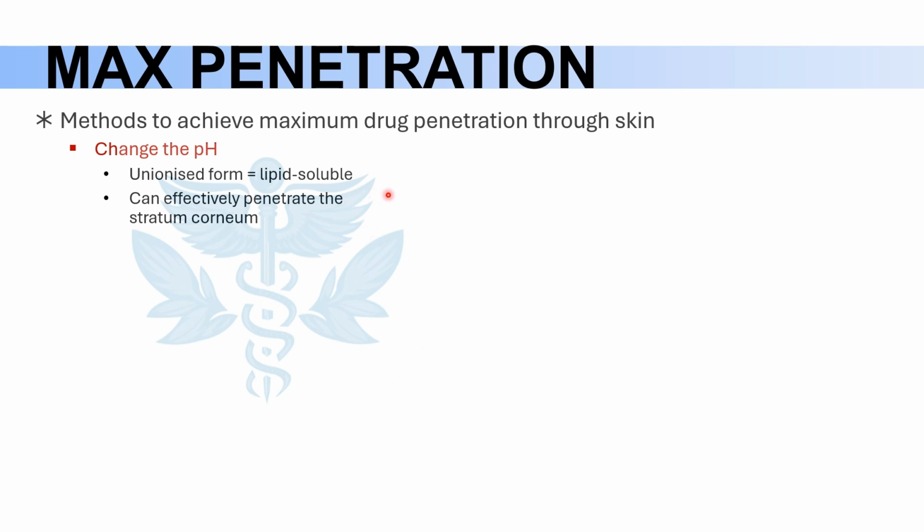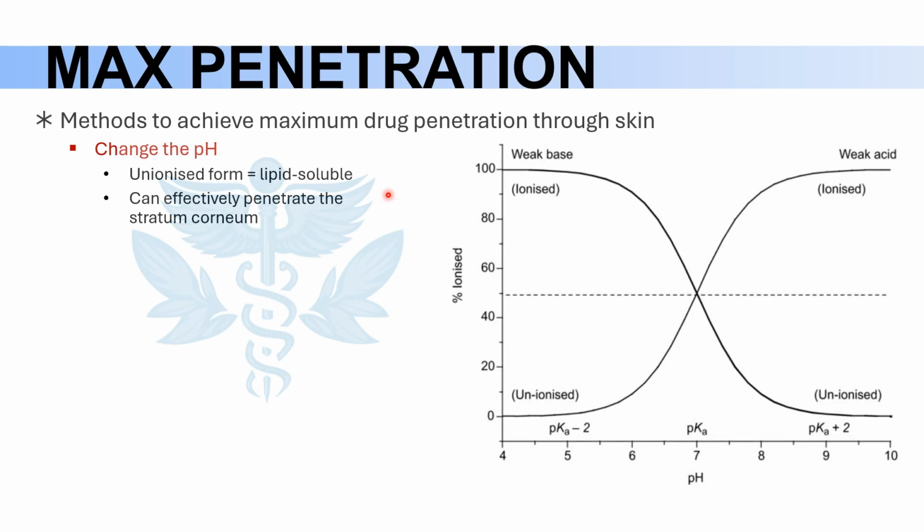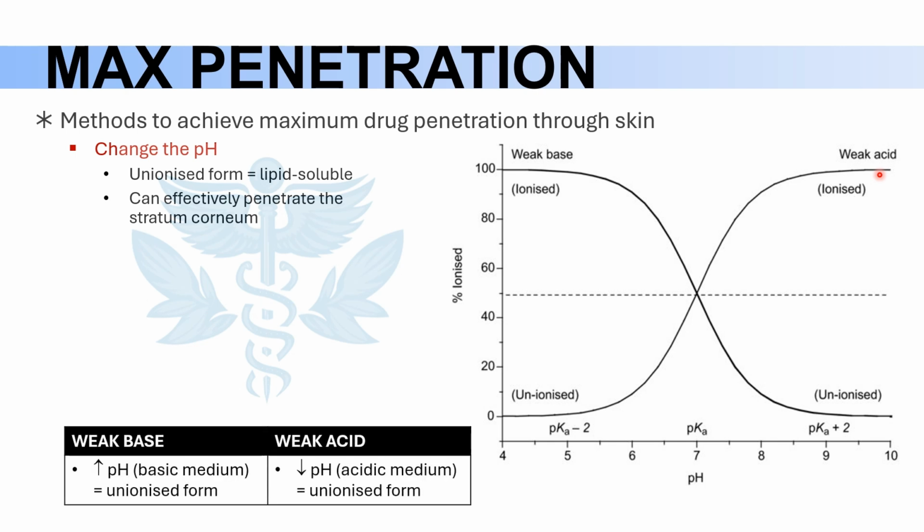Right, so change in pH. We established that we always want to prepare our drug in its unionized form, as that is the lipid-soluble form, which will penetrate most effectively through the stratum corneum. Okay, most drugs are either weak bases or weak acids, and we need to prepare them in their unionized form. It turns out that a drug will be unionized when placed in an environment of the same pH.